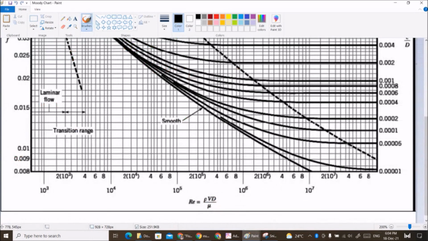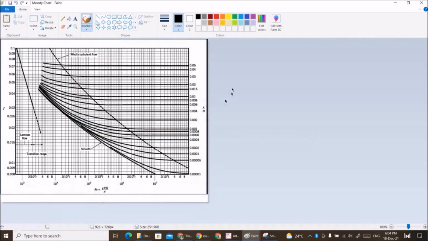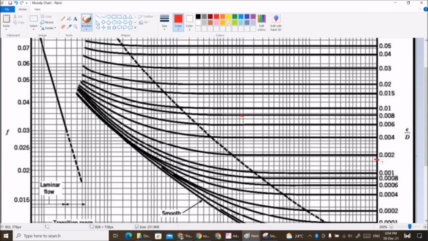So this is a Moody chart. So on the x-axis there is psi by d. On the other y-axis there is a friction factor f, and Reynolds number here on the x-axis. It is given psi by d 0.0017, around near to 2. Okay, now we will draw the parallel line from this.